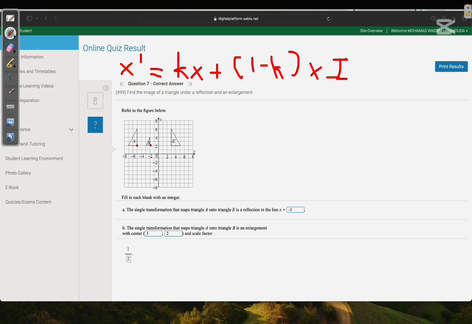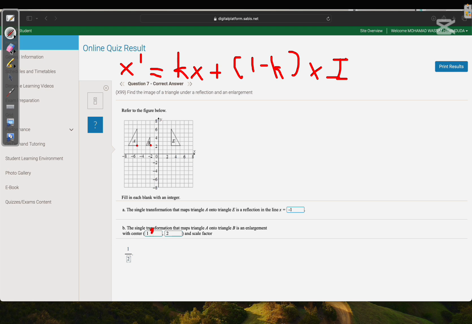So -2 is equal to kx, which is 0.5 times -5. 0.5 times -5 is -2.5, plus 1 minus 0.5 times x, and then we solve. We get that x is 1 of the origin.